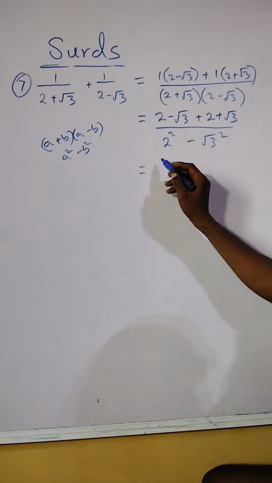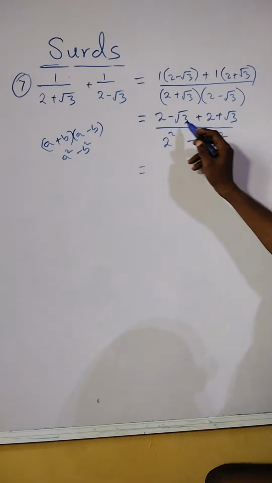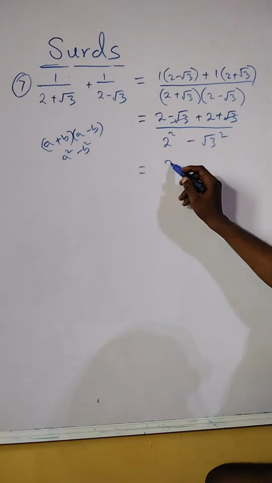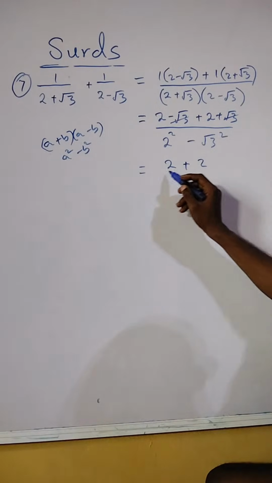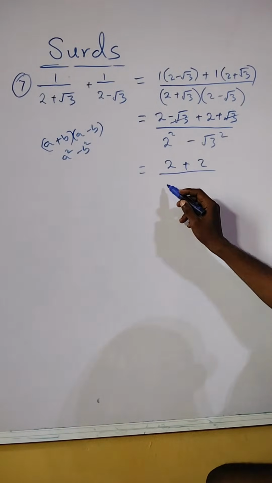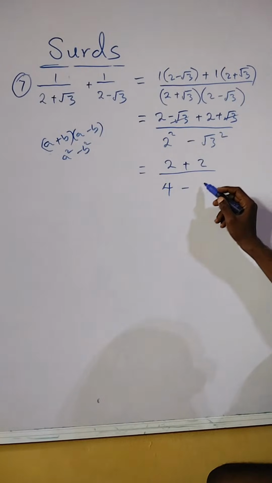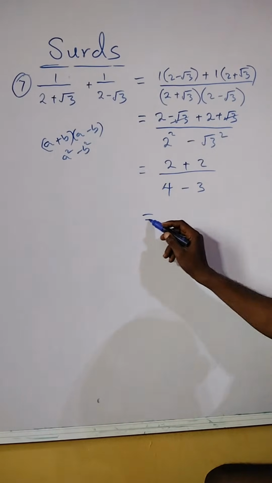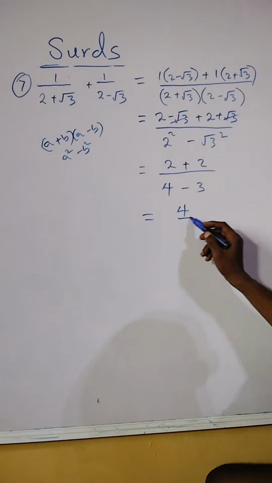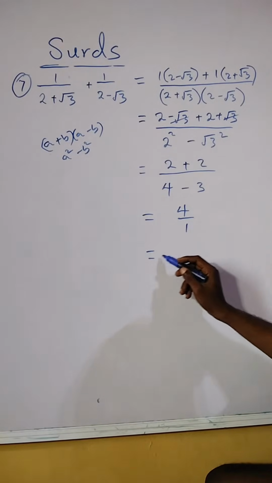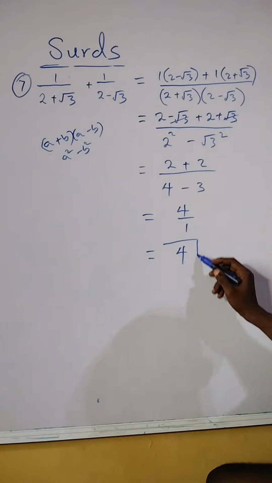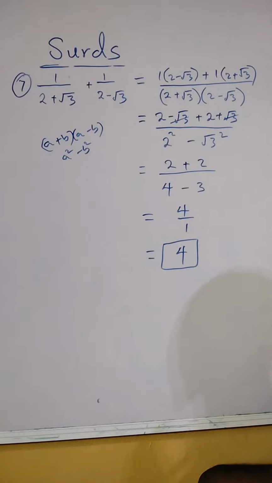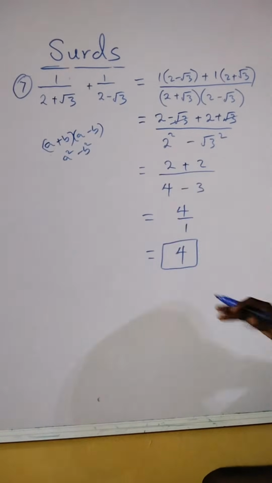That is, here we have minus root 3 plus root 3, this will cancel each other. And we are left with 2 plus 2 divided by 2 square is 4 minus root 3 square, 3. And 2 plus 2 is 4, over 4 minus 3, which is 1. And 4 over 1 is 4. So the simplified form of the given problem here is equal to 4.